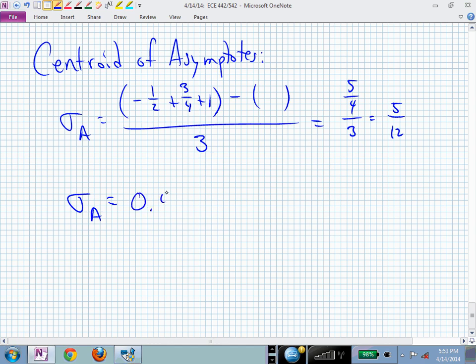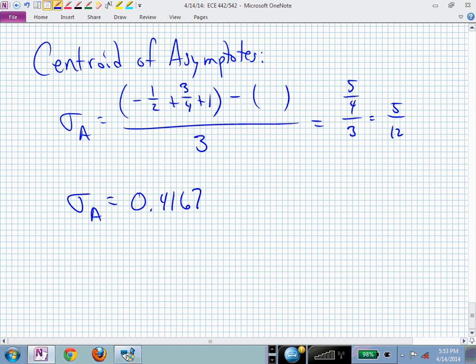And this, if you compute that, is about 4.2. That's where I am between 0 and 1 with these three asymptote angles at 60, 180, and 300.